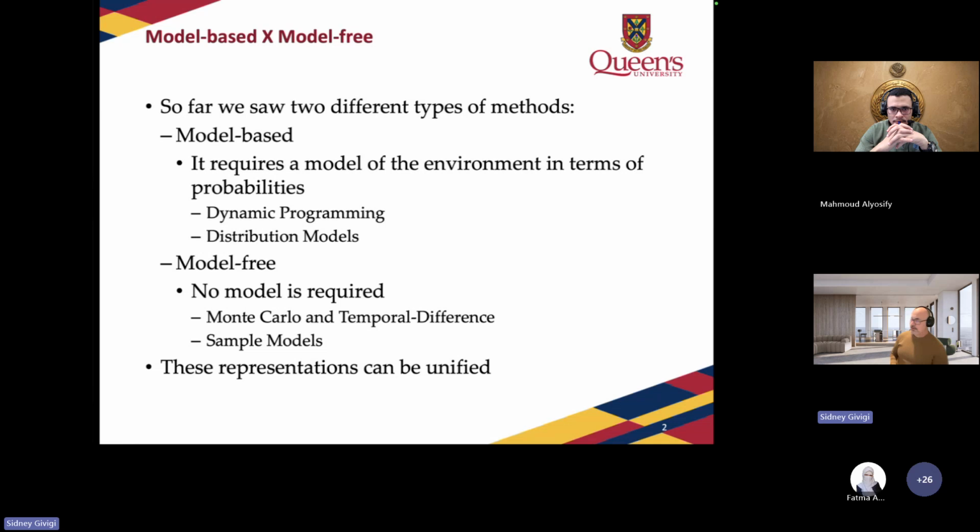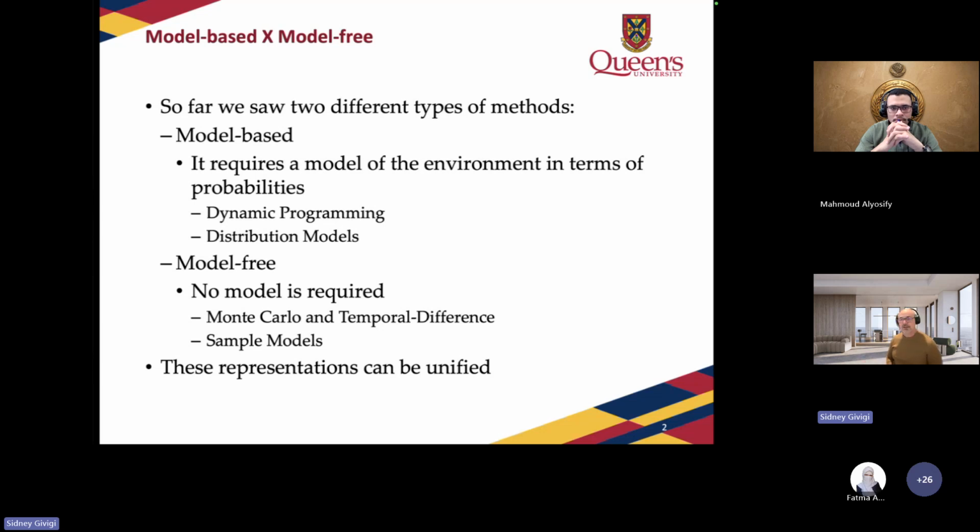I have been saying all this time that reinforcement learning is what we call model free. So it means that we don't have a model of the environment. We have no model that is required. Instead of assuming a model, we sample the environment, and then from that sampling, we create an indirect model.